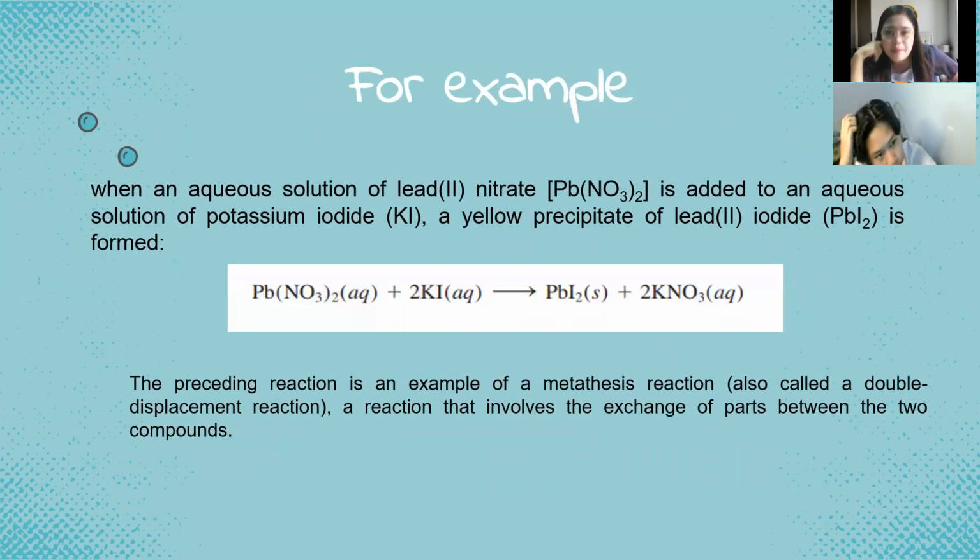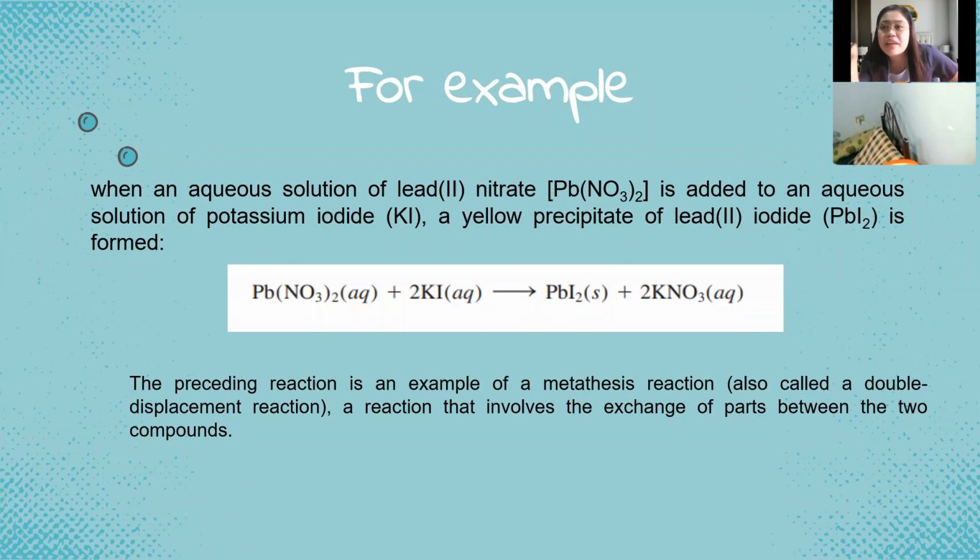So, for example, we have here the lead 2 nitrate. You can see it is aqueous, meaning this one is a liquid chemical. And then, we will react it with potassium iodide or the KI, which is another substance in aqueous solution also. So, liquid again. So, we have here liquid plus liquid.